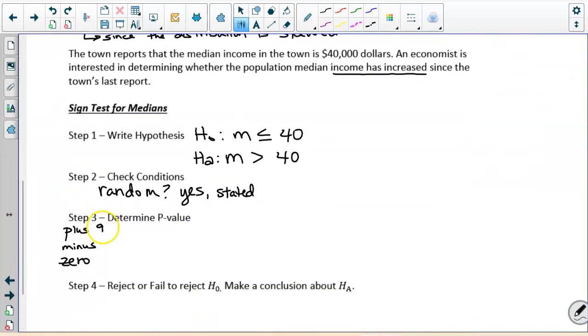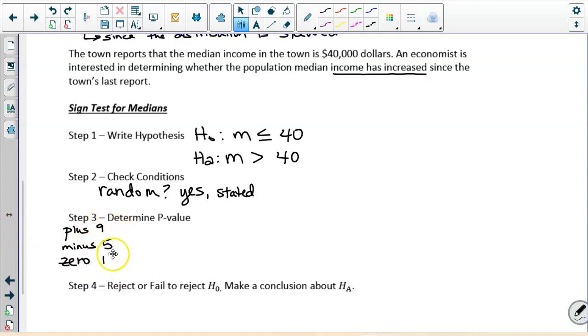Which tells me there are 9 data values that were above the claimed median. How many minuses do you see? 5. Any zeros? 1. And what was that 0? It was whatever that claim was, and that value is equal to it, okay? So that's how you figure it out, all right?